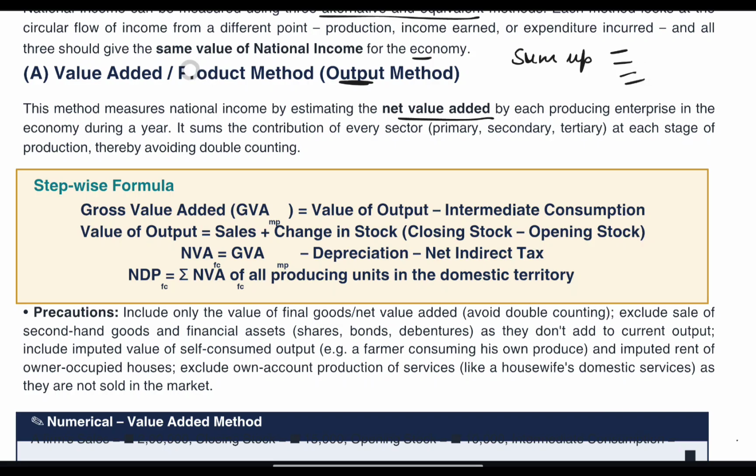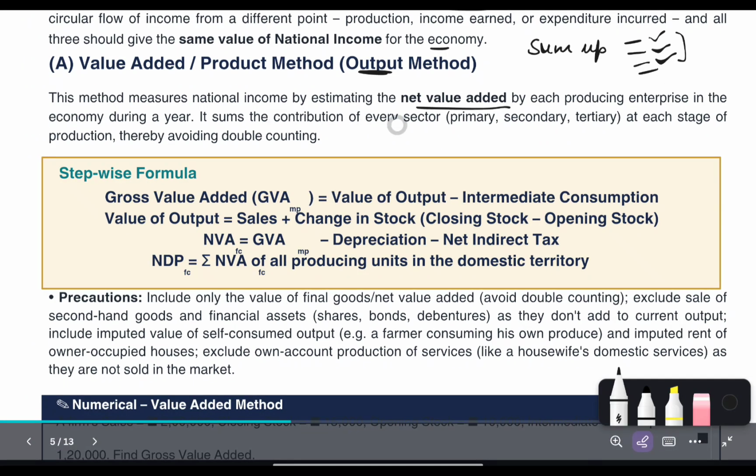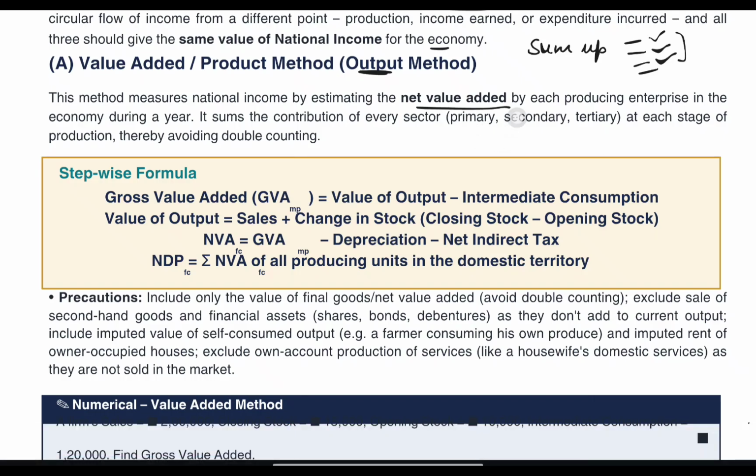For example, net value added by this, by this, and by this, we sum all these net values. Why? To avoid double counting. We calculate the contribution of every sector, primary, secondary or tertiary, at each stage.